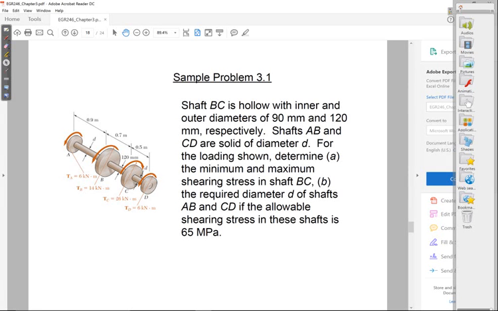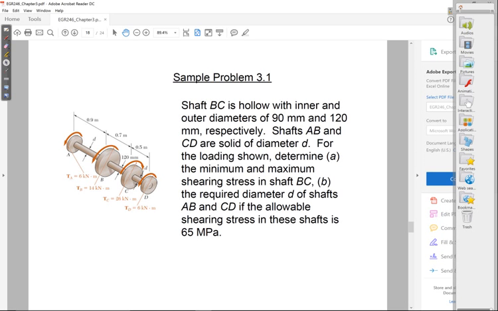All right, so they tell you that shaft BC is hollow. They give you the inside and outside diameters. AB and CD are solid, with diameter D. So for the loading shown, find the minimum and maximum shearing stress in shaft BC. Now, I didn't talk yet about hollow shafts.